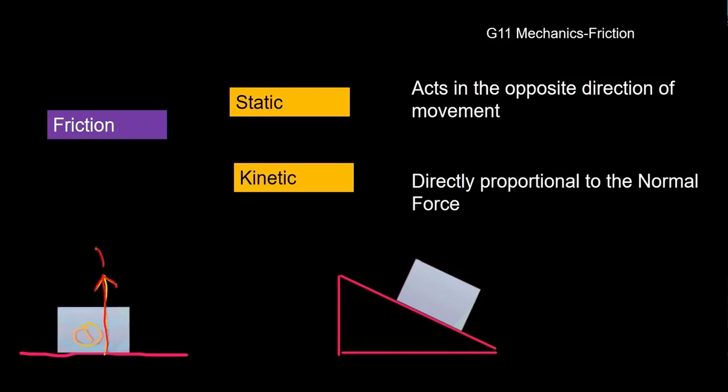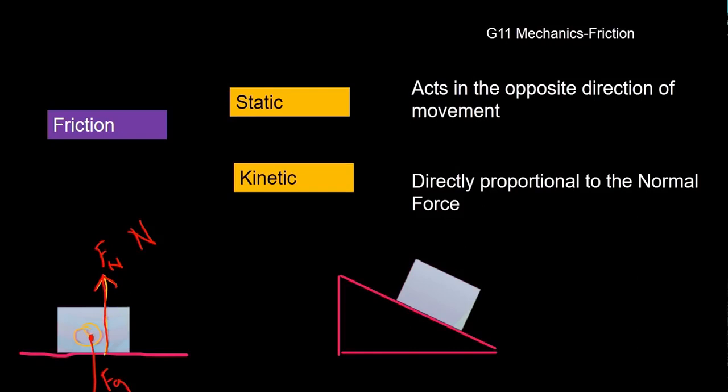Some of you write it with a big N. That is the surface or the earth acting on the object that is sitting on the surface. What is that equal to in magnitude? It's equal in magnitude to the gravitational force.